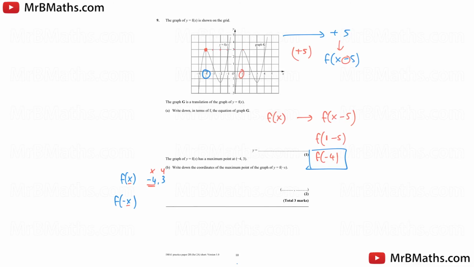So if I put this minus 4 in, I will get f of minus minus 4. Well, we've got two minuses, so that will be f of plus 4. So what I'll end up having as my answer is 4, 3. Now 3 will stay the same because this is affecting the x value and not the y.